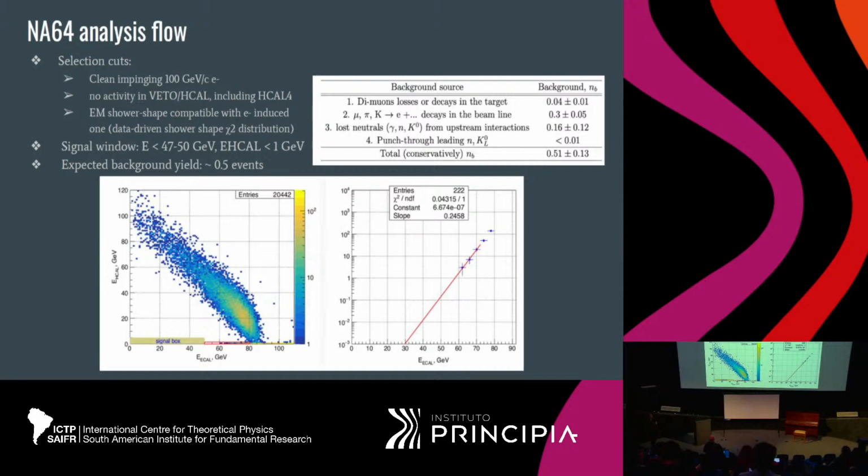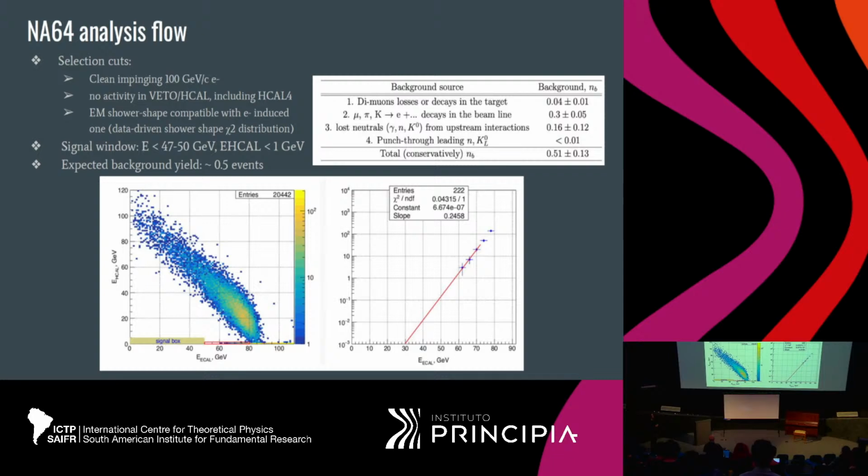So, for example, using information from the tracking, you ask for no activity in the veto, and then you make some requests regarding the shape of the electromagnetic shower inside the ECAL, which has to be compliant with a typical electromagnetic shower event. And then what remains is this plot here.